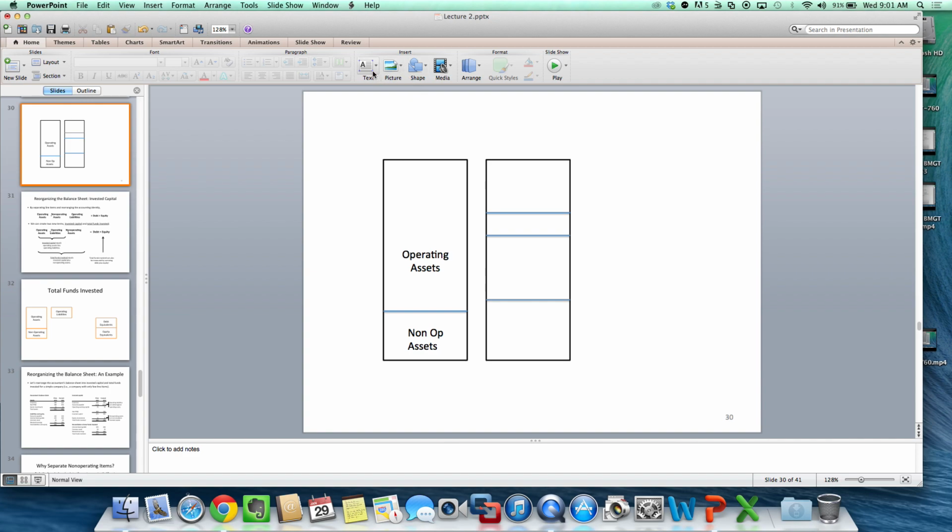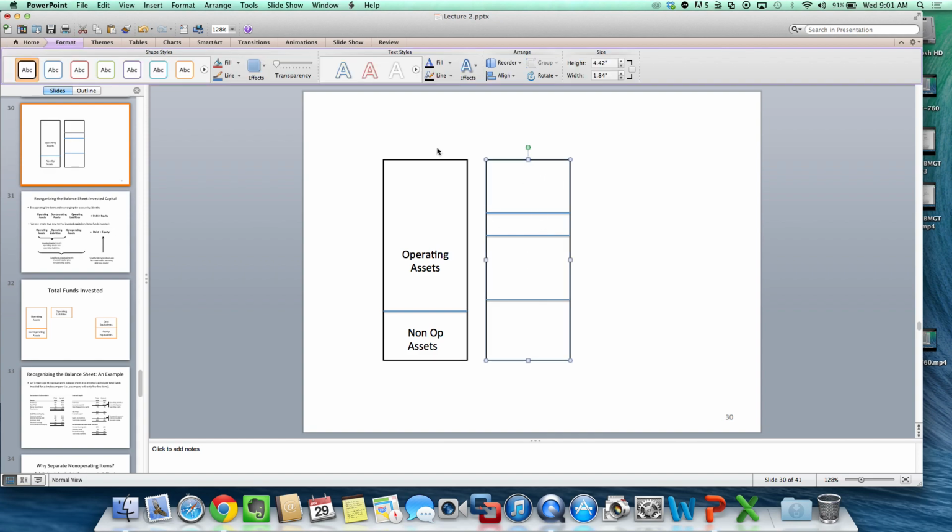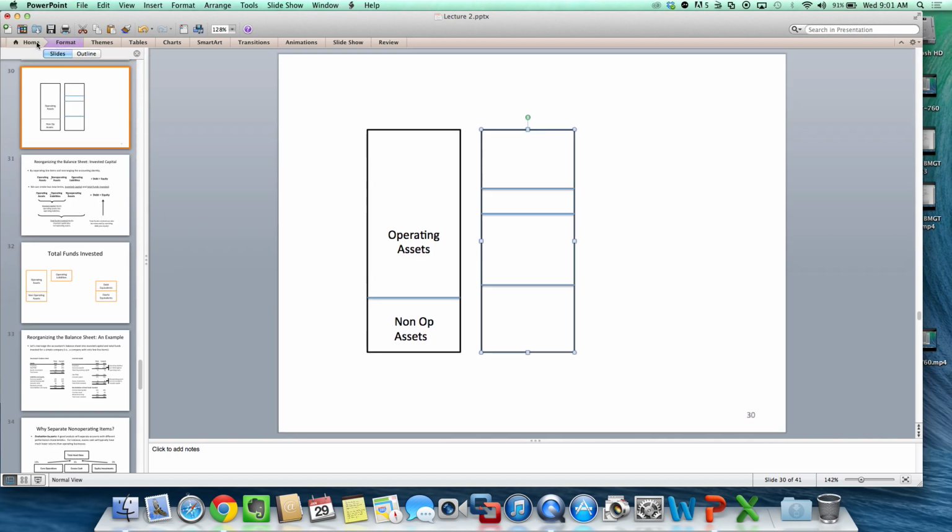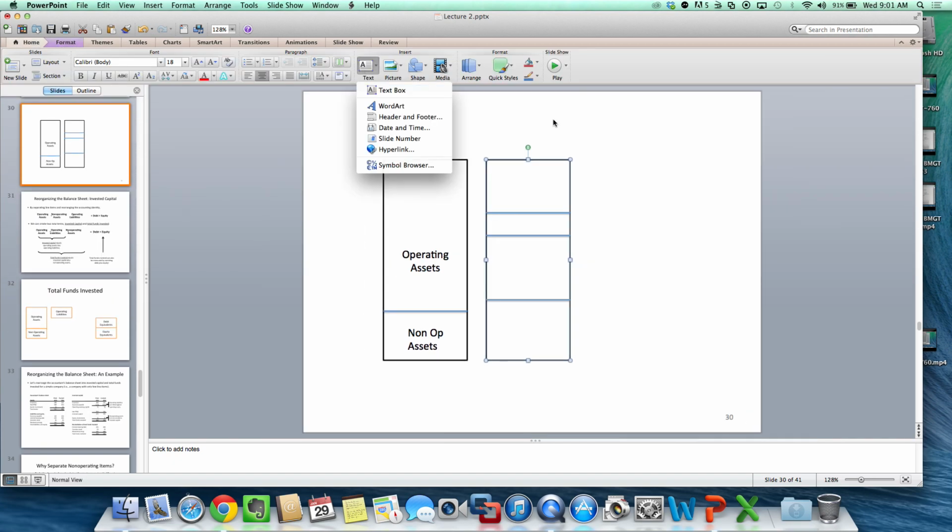But section 1, liabilities rearranged, are going to be called operating liabilities.